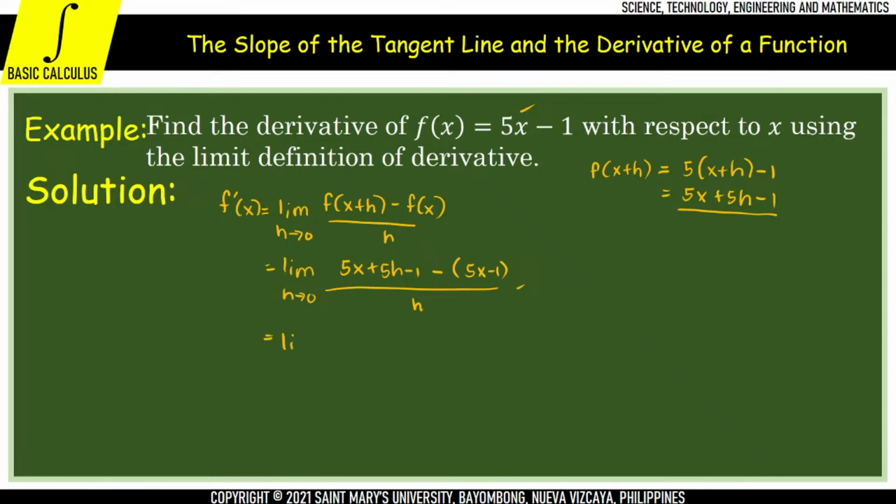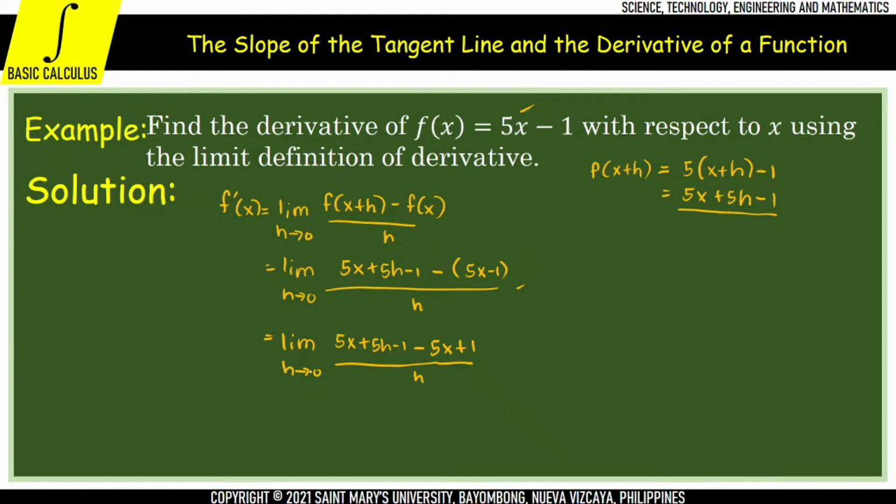Next, we have the limit of, we can now simplify, 5x plus 5h minus 1 minus, distribute the subtraction or negative 1. Negative 1 times 5x is negative 5x. Negative 1 times negative 1 is positive 1, all over h as h approaches 0.